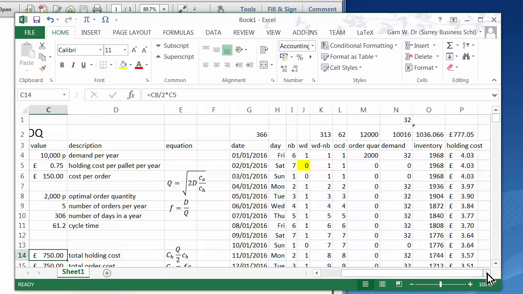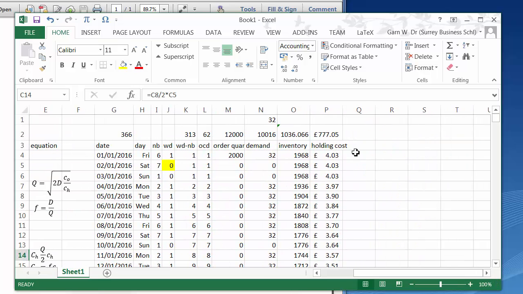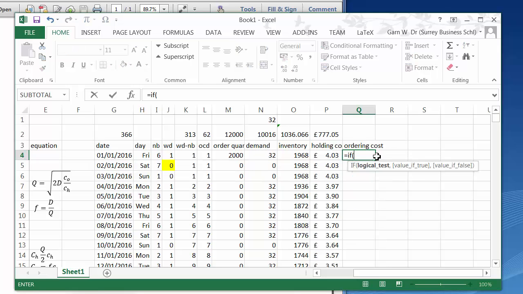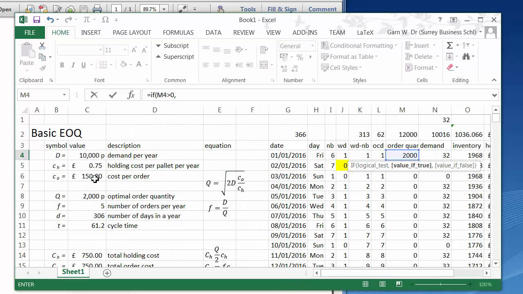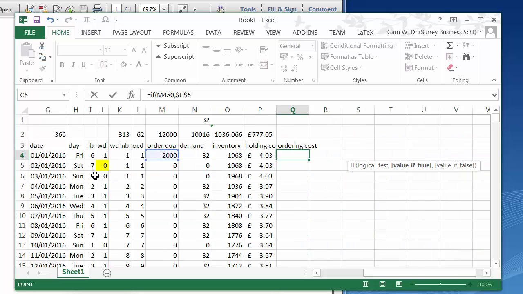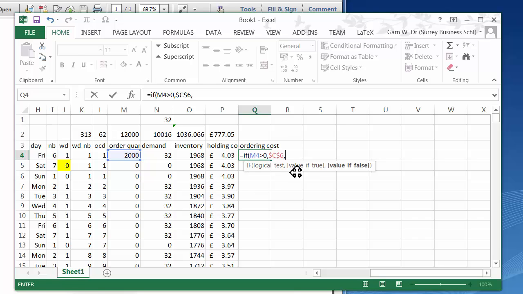Ordering cost, obviously that will be different because we had one extra order. Ordering cost: if the order quantity is greater than 0, then we are going to pay 150 pounds, again with an absolute cell reference, and otherwise 0.